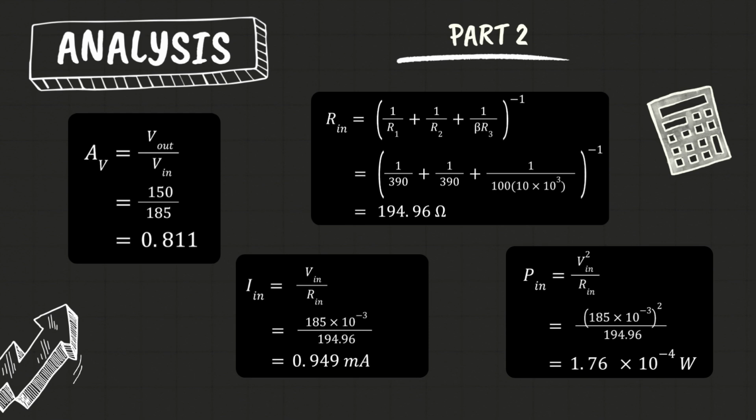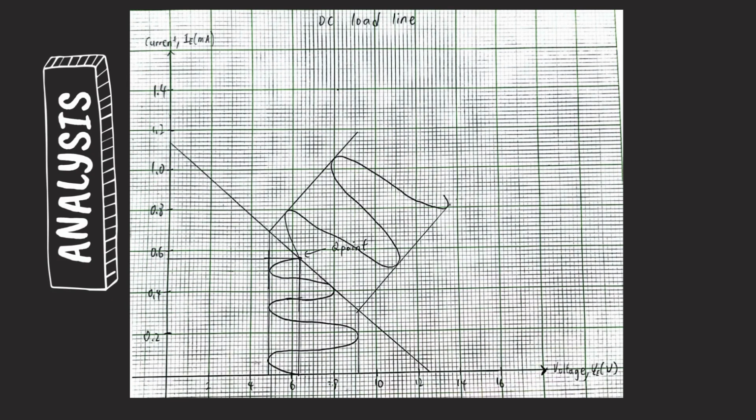The input current is 0.949 mA and the input power is 1.76 × 10^-4 W. This is the DC load line analysis graph for the common collector configuration with the Q point of transistor operation.